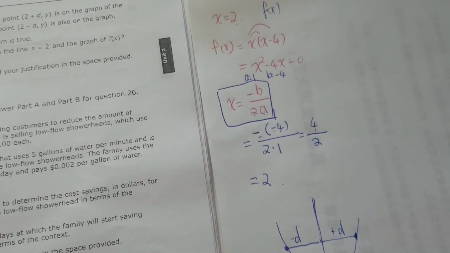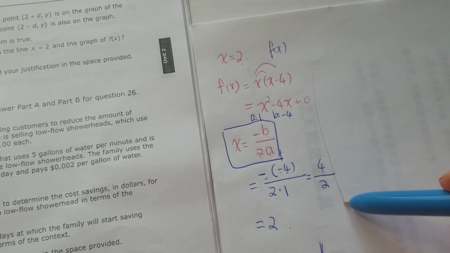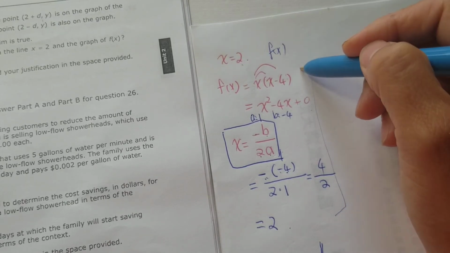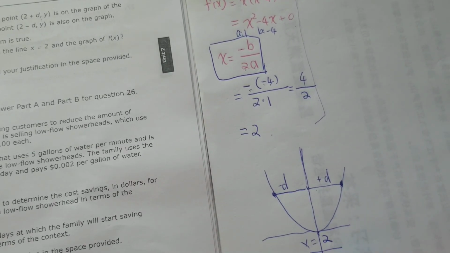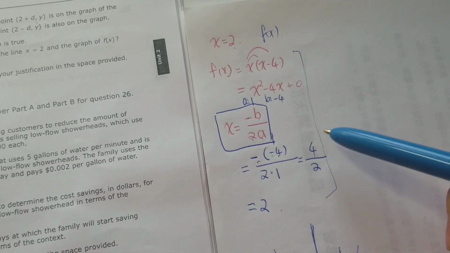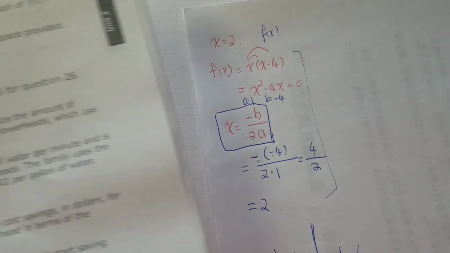For me, I prefer you go with the top part because that will prove it. For the explanation part, if you make some mistake, you might get points off. Okay, so this is all for question number 25.